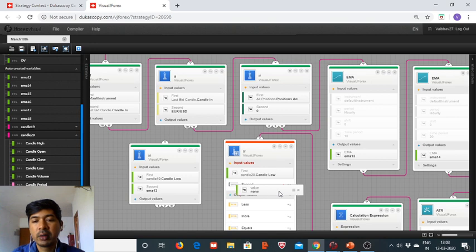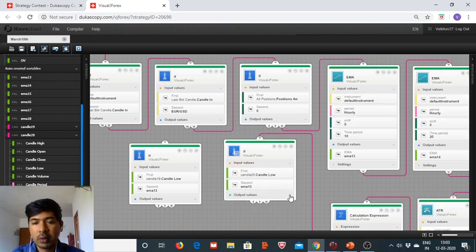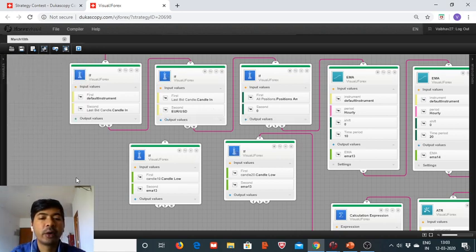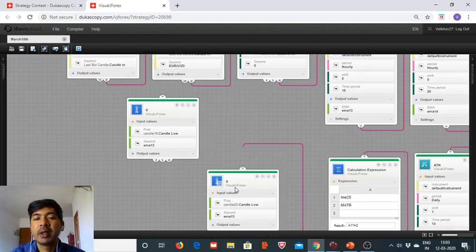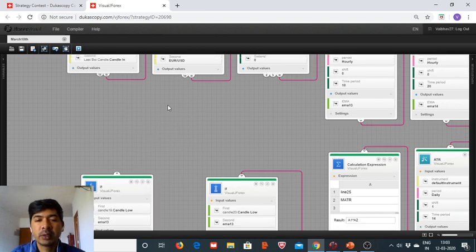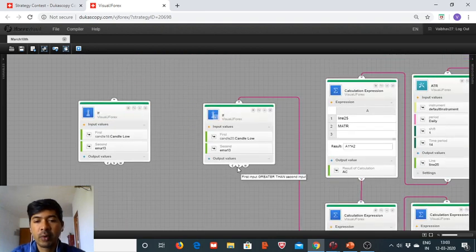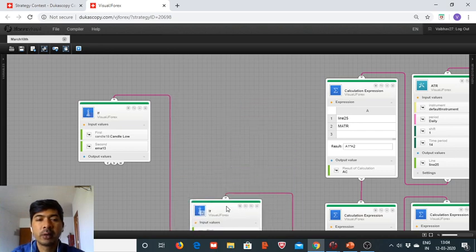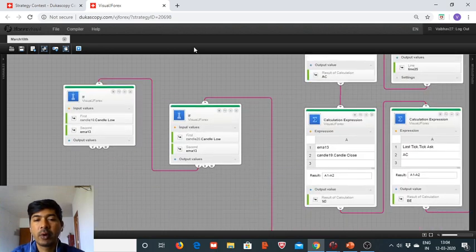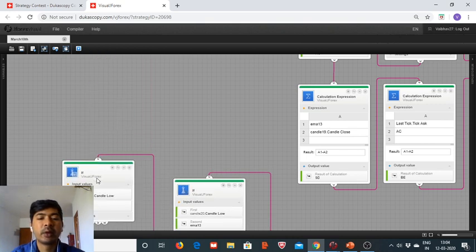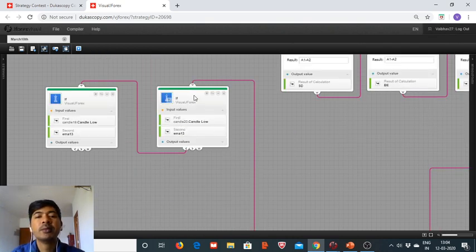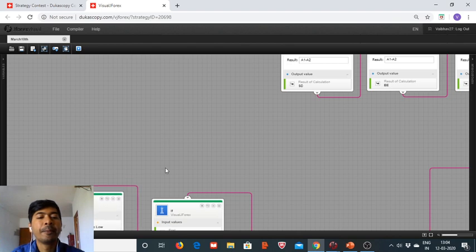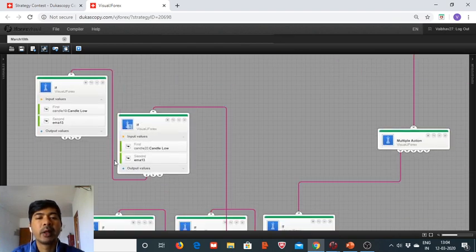So we want both these candle lows to be above, sorry, not above, below the EMA 10. We take these conditions, and we want candle low to be less than the EMA 10, and similar will be the requirement for the other candle as well.